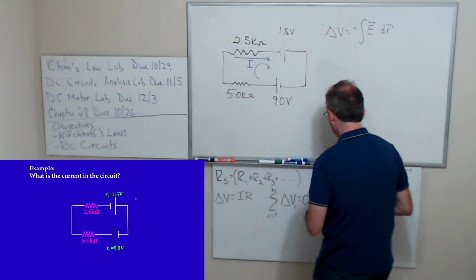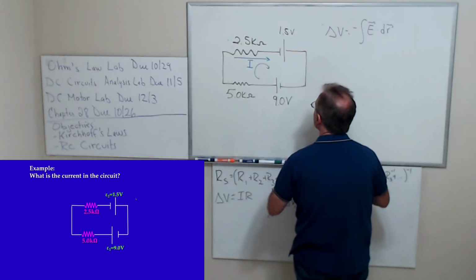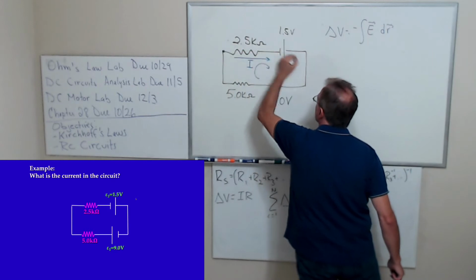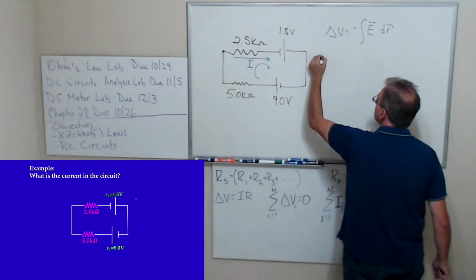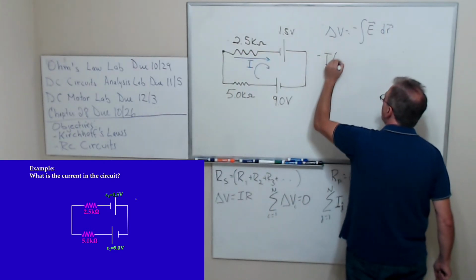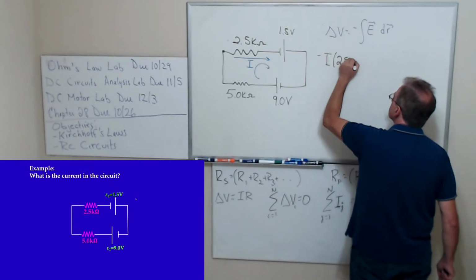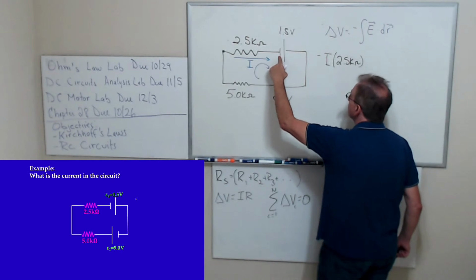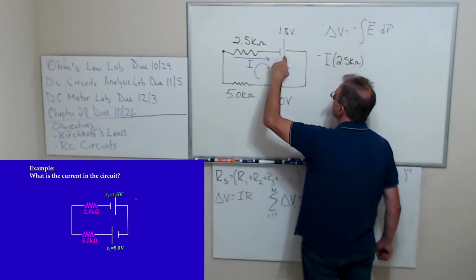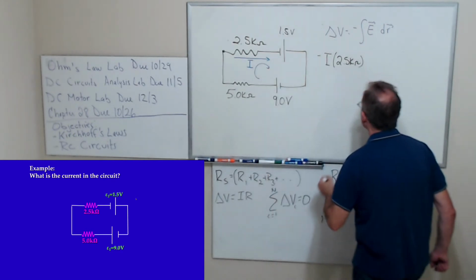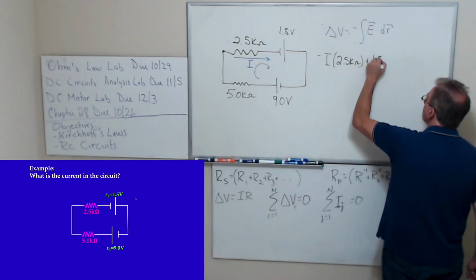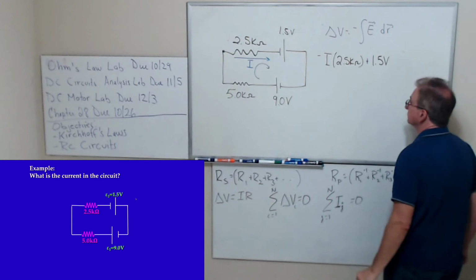And I'm going to say, okay, well, if I start from this point and I go clockwise, I'm going to start with minus the current times 2.5 kiloohms. I hit this battery, which goes from a lower potential to a higher potential. So its potential increases by 1.5 volts.